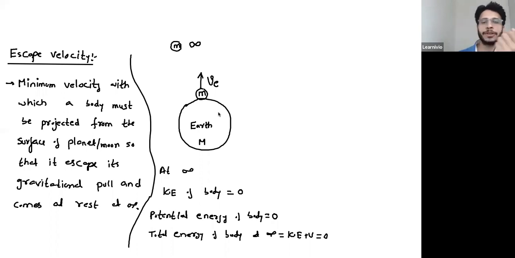To calculate the expression of escape velocity, you can use conservation of energy. So I'm using conservation of energy at a point on the surface of Earth and at another point at infinity.